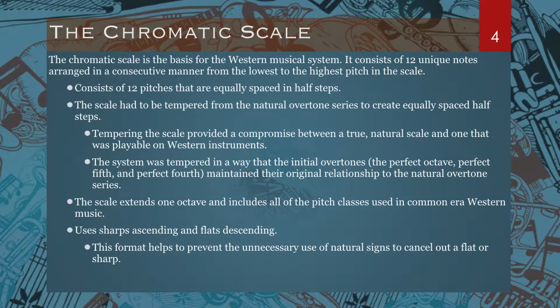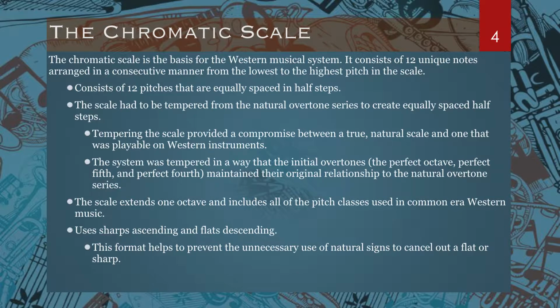So when I say the scale, I'm referring to the chromatic scale. The convention is to use sharps when you're going up and flats when you're going down the scale. So this format helps to prevent the unnecessary use of natural signs to cancel out a flat or a sharp. So if you use flats going up, it wouldn't technically be wrong if you got all the notes correct, but it would require you to use a natural sign after every flat sign to indicate the next note in the series.